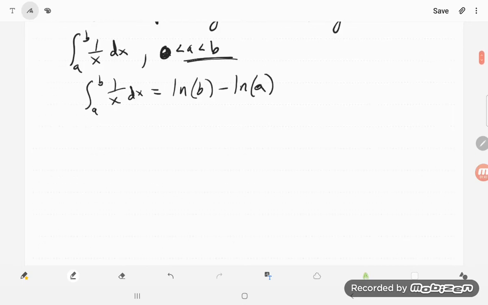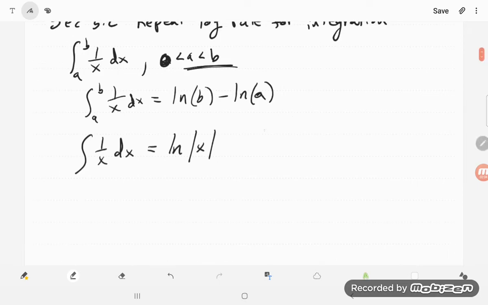However, if I just have a general antiderivative and I don't know where x might be, then I need to toss in some absolute values.